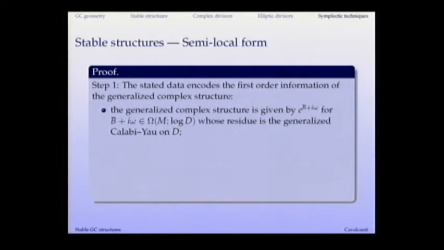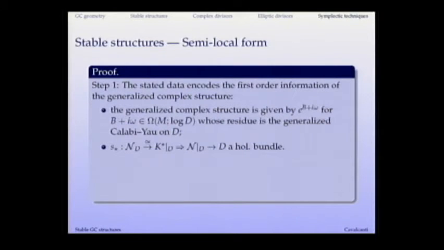The step to find the data has nothing to do with what I have been telling you, you can just do it by hand. If you pick your generalized complex structure, you write it as e to the b plus i omega, and then just take the residue. This is the complex residue, and the complex residue is the generalized Calabi-Yau structure. So that's how it arises. The generalized Calabi-Yau structure is simple to determine.